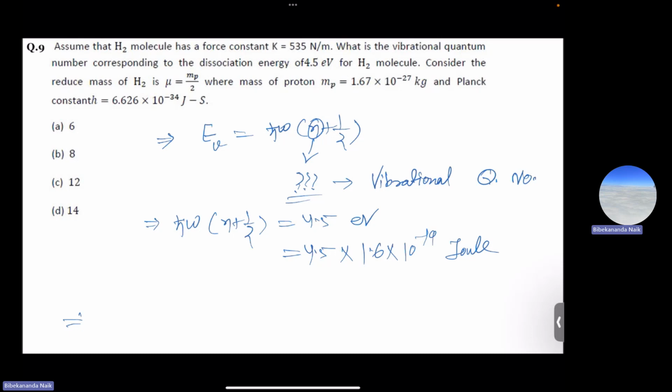If you recall the concepts, omega is given by root over k by m. But since here it is a molecule with two hydrogen atoms, the reduced mass will be taken into consideration, so it will be root over k by mu.